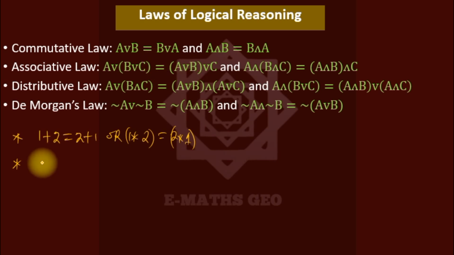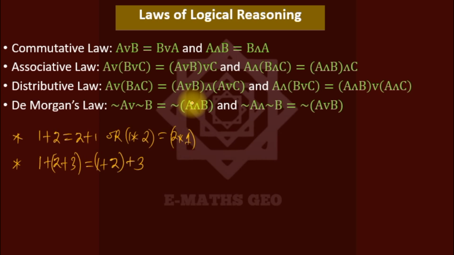If someone says you should do 1 plus 2 plus 3, you can decide to add 2 plus 3 first before doing 1 plus the result, or you can add 1 plus 2 first, after that add 3. So that's the meaning of the associative law.